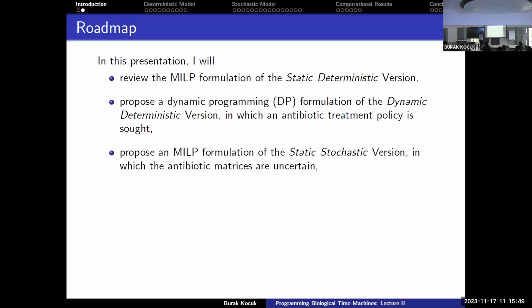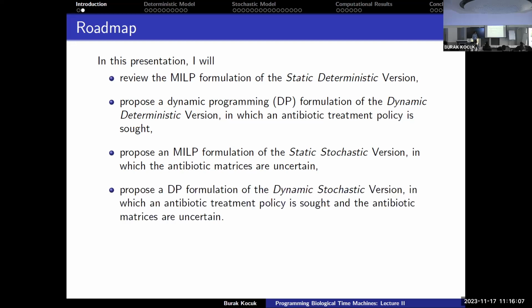I will formulate a problem in which we will consider all these different replications of the growth rate experiments, and create a solution algorithm. So I will explain the details. And then, if you have the dynamic version and the stochastic version, we can also have the dynamic stochastic version.